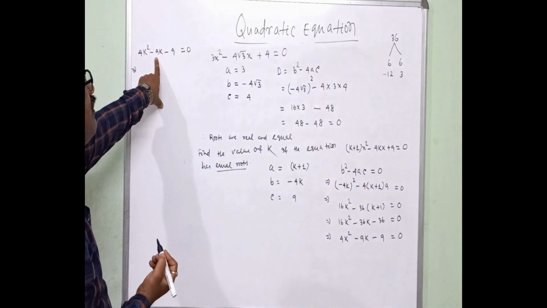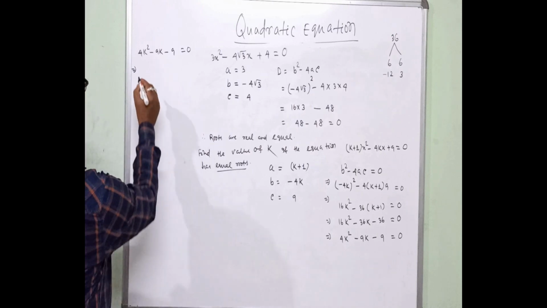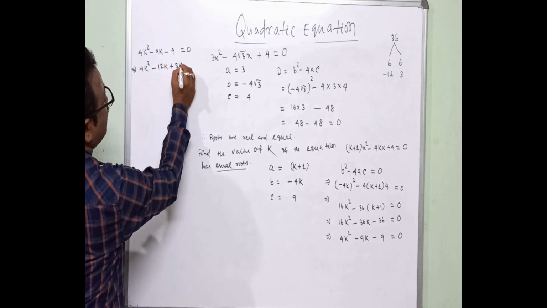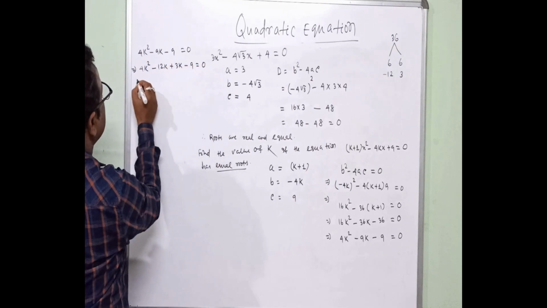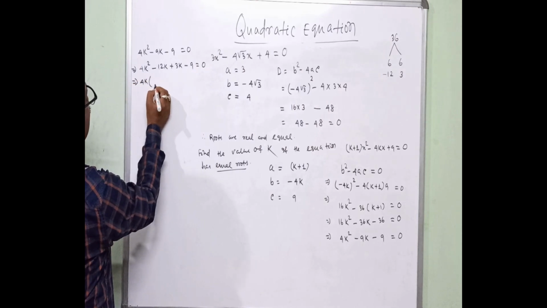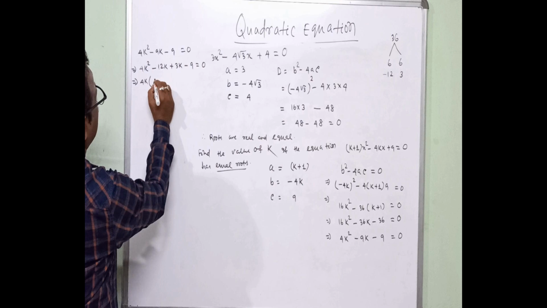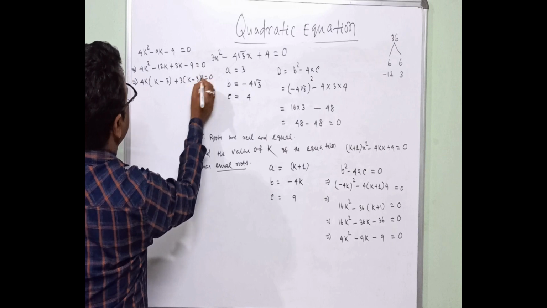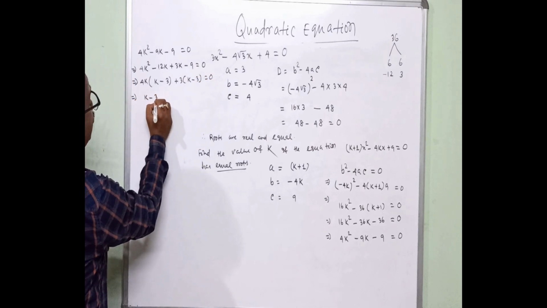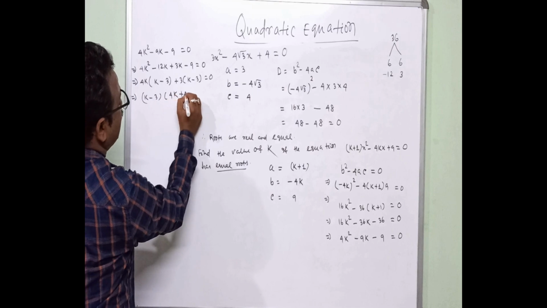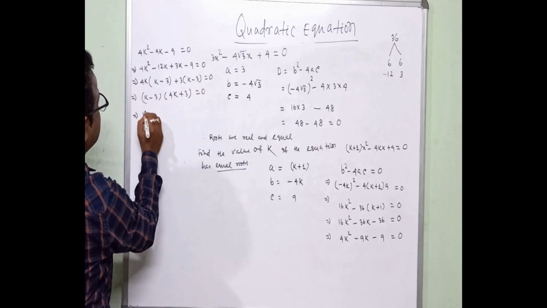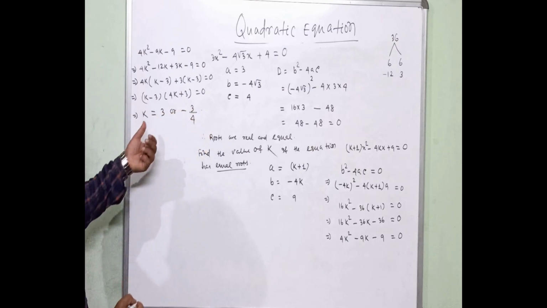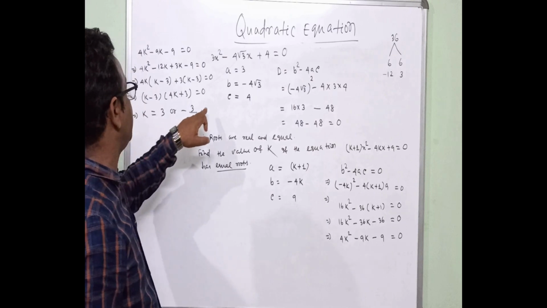So we can get minus 12k plus 3k. 4k square minus 12k plus 3k minus 9 is equal to 0. That implies 4k into (k minus 3) plus 3 into (k minus 3) is equal to 0. That implies (k minus 3) into (4k plus 3) is equal to 0. That implies k is equal to 3 or minus 3 by 4. So you will get the value of k is equal to 3 or minus 3 by 4.